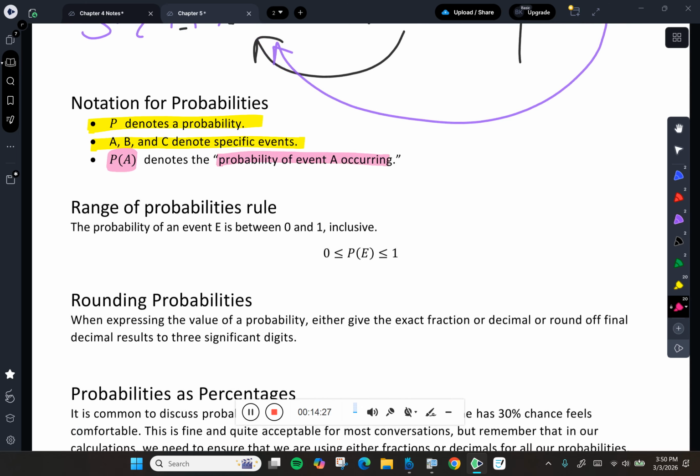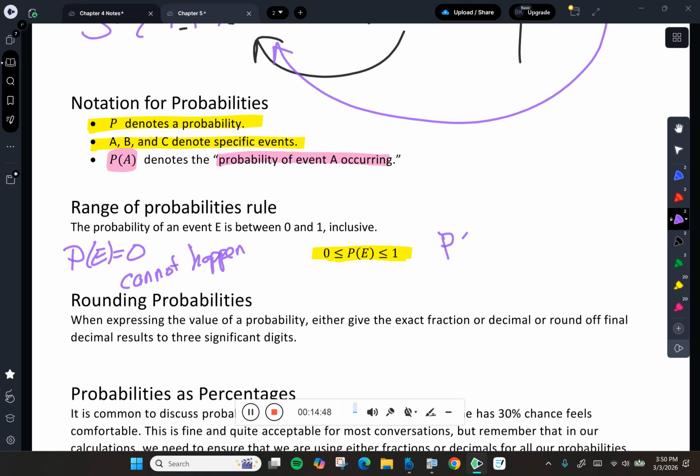I'm hoping also that you remember that probabilities have to be numbers between 0 and 1, and that if the probability of some event E was exactly 0, that means it cannot happen.